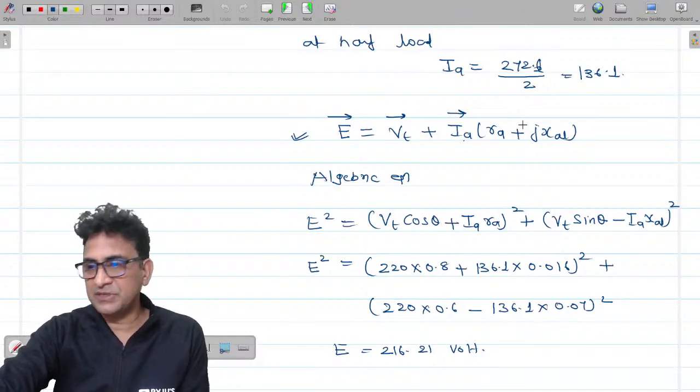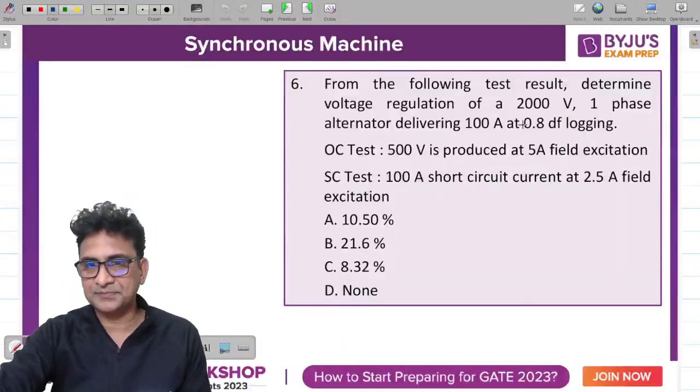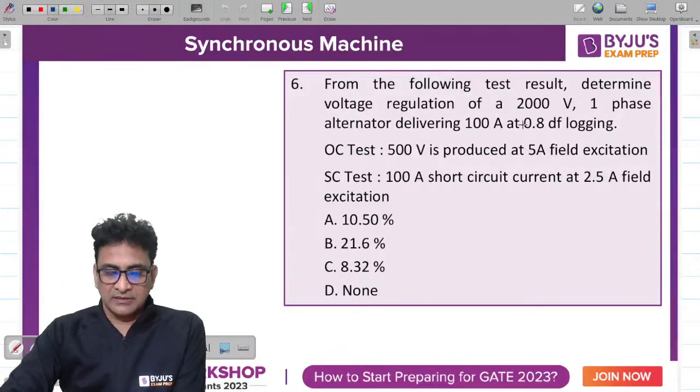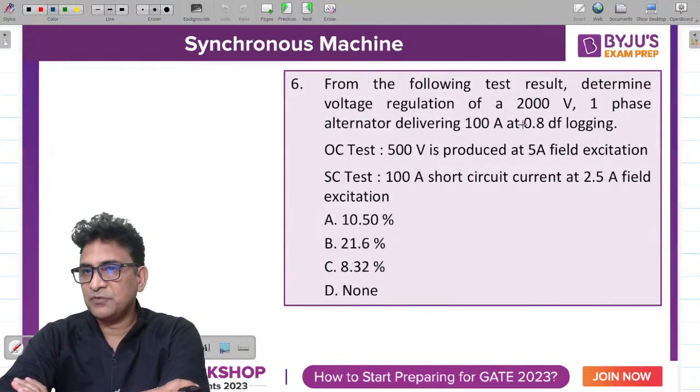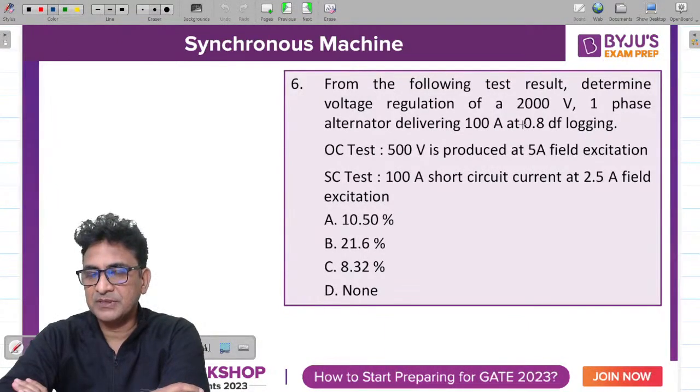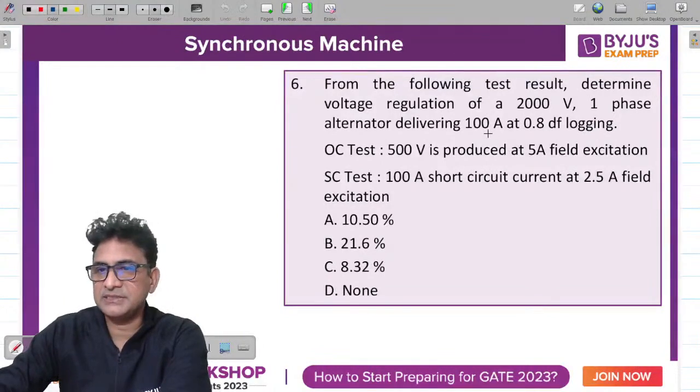Okay, so I am moving to the next question. This is question number 6. From the following test data, determine the voltage regulation. In this question, you have to find the voltage regulation of a 200 volt single phase alternator delivering 100 ampere current at 0.8 power factor lagging.